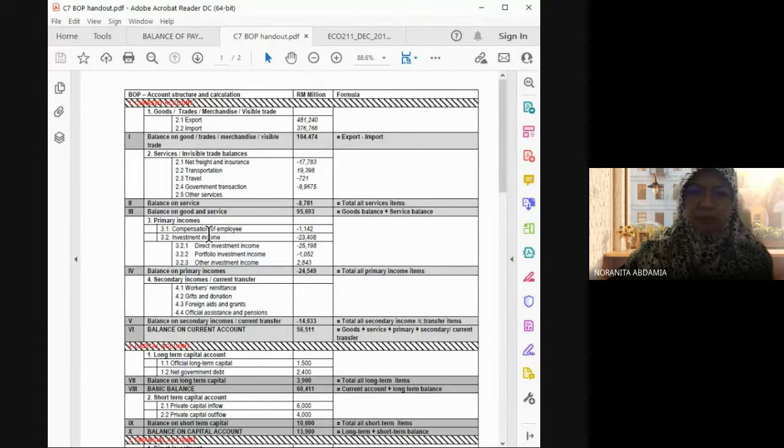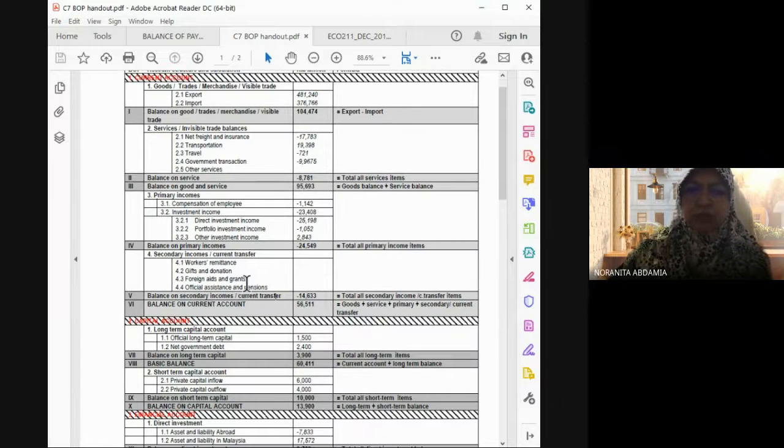Under investment income, the examples of items are direct investment income, portfolio investment income, other investment income. So how to get this account? Also easy. Just total up all the primary income items. Please be careful with the negative sign, so you will get the answer.